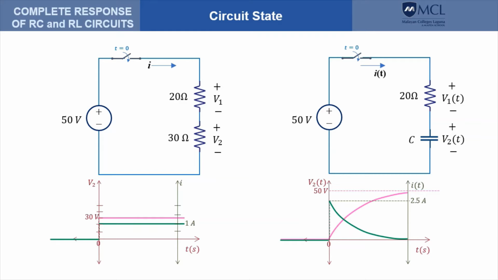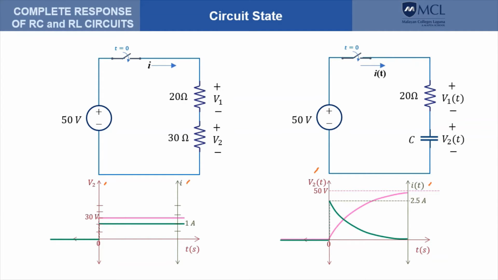Take note that we have slightly written v sub 2 and I differently. So v sub 2 now is a function of time, and I is also a function of time. It's because these quantities now vary with time, unlike these quantities here.